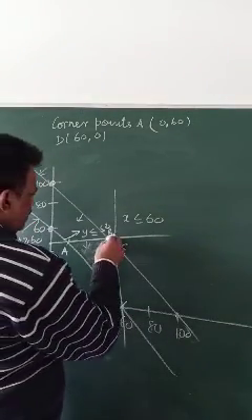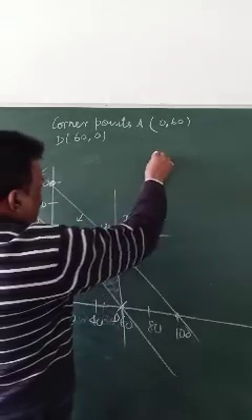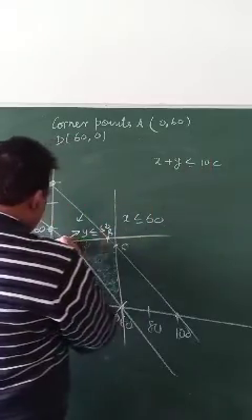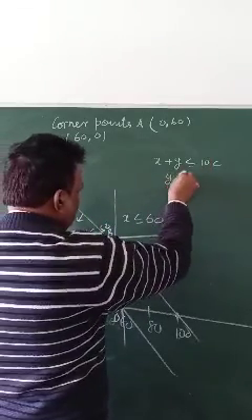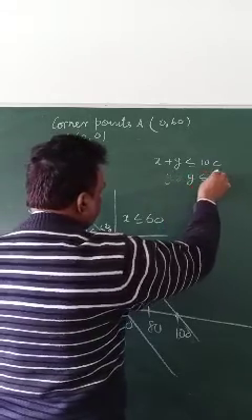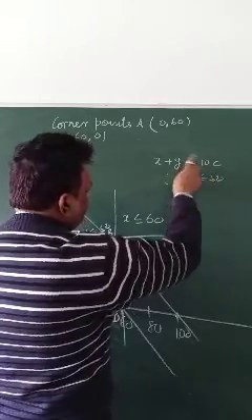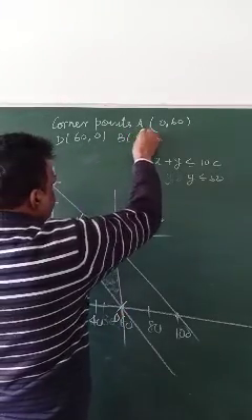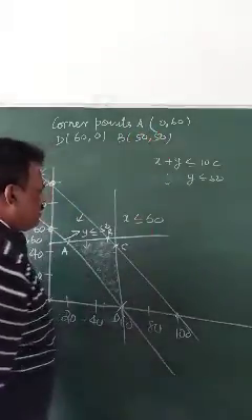How to solve? This is the intersection of x plus y less than 100 and y less than 50. That means y is 50, x is 50. So B point will be 50, 50. You can find out from graph.